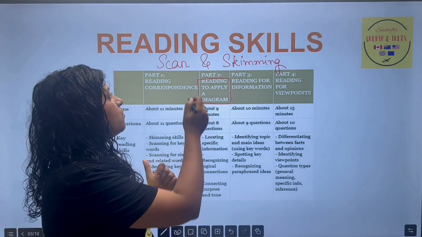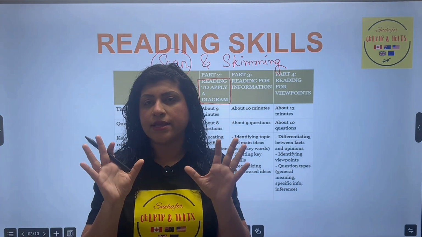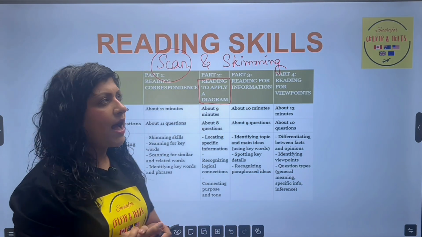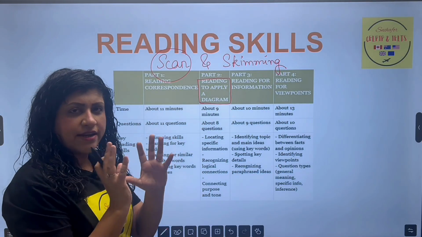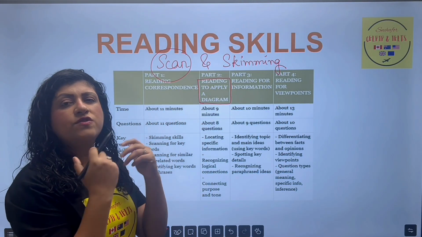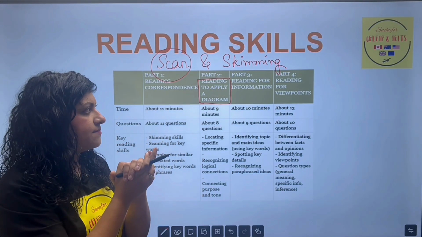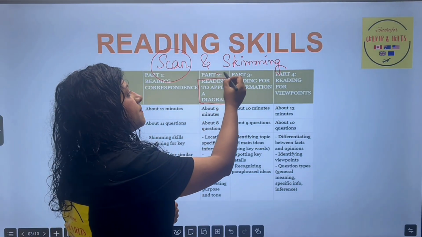So definitely you will be scanning the text, that is, you'll be quickly moving your eyes around the text. And to understand certain part of the text or the diagram, you have to skim. So you have to read in depth to understand the main idea. So that would be skimming.